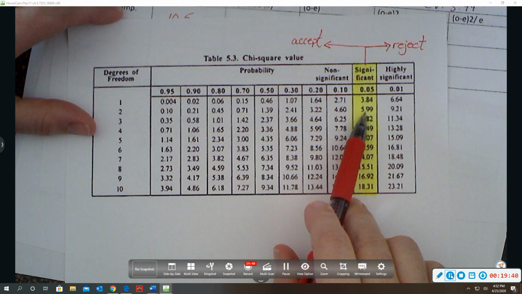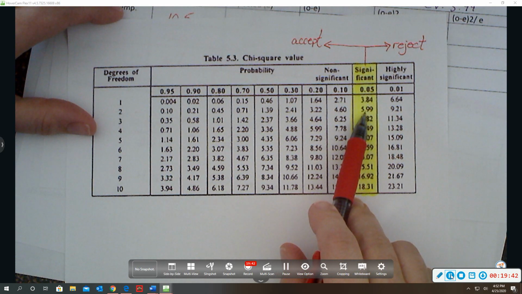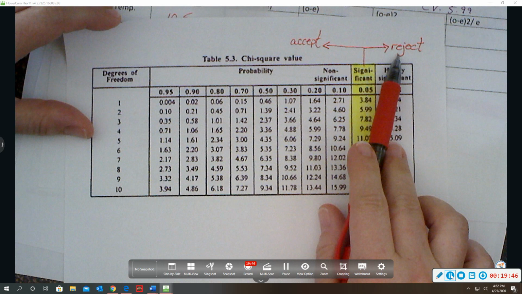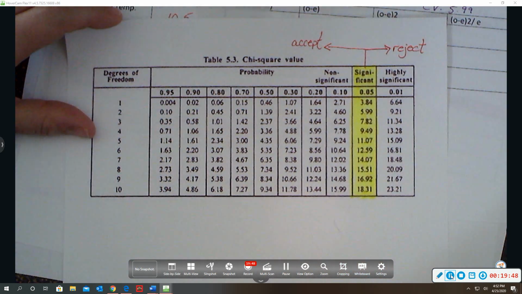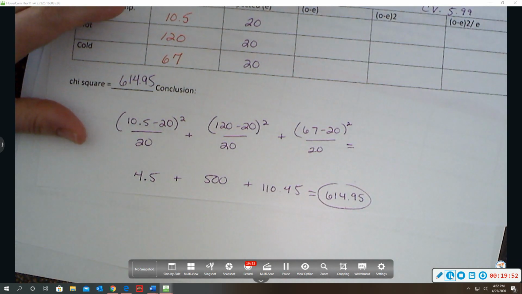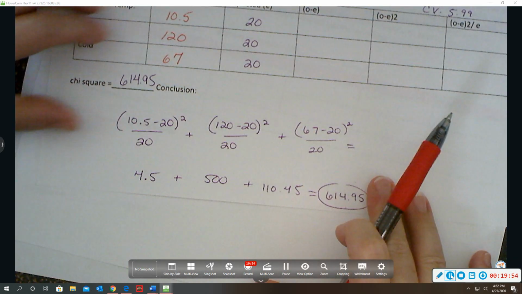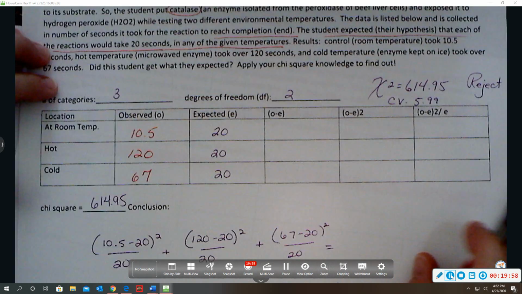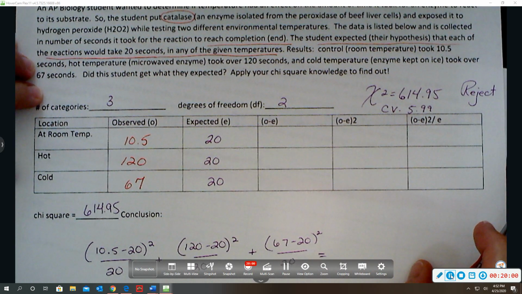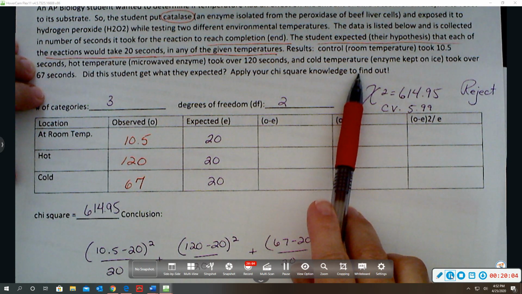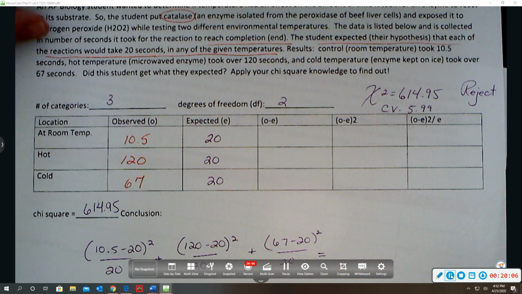Well, we would have only had 5.99 as our critical value, so obviously with a huge number like that, we will be rejecting that student's null hypothesis that temperature does not make any difference. Based on the results, really something is going on here, and as I already said, it's denaturation and the environment slowing the enzyme down in the cold.